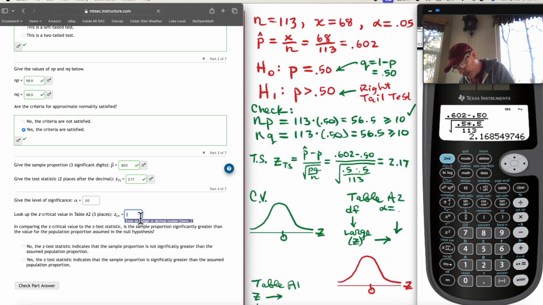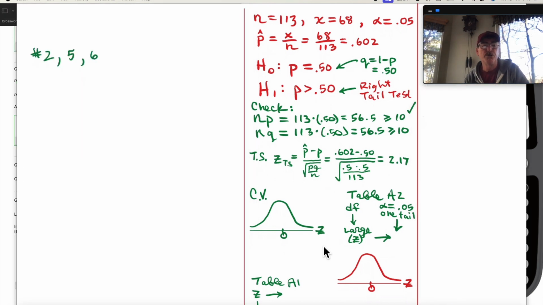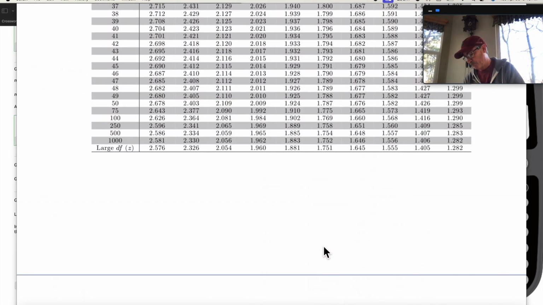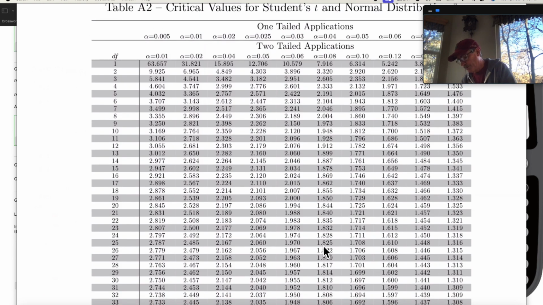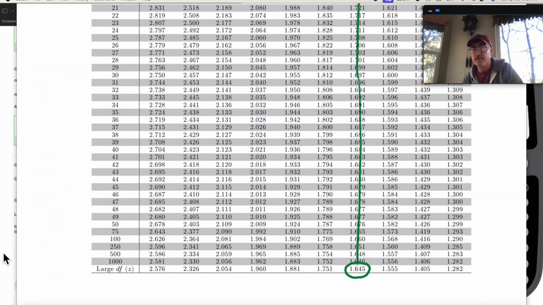It's 0.05, and remember, this is a right-tail test, so we just look it up under one tail. 0.05 one tail is this column here, and it's all the way down to the bottom row. We've seen this number before, 1.645. That's our z critical value, and we'll keep it positive because it's a right-tail test.